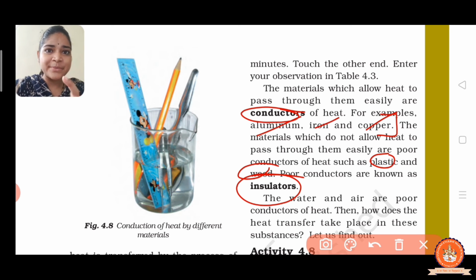So in the experiment, the metallic rod is the conductor, whereas the plastic rod is the insulator.